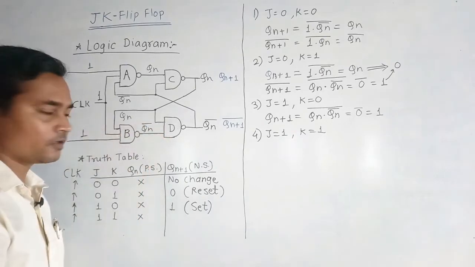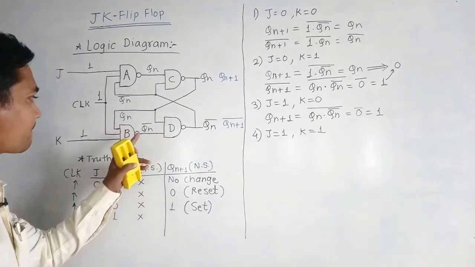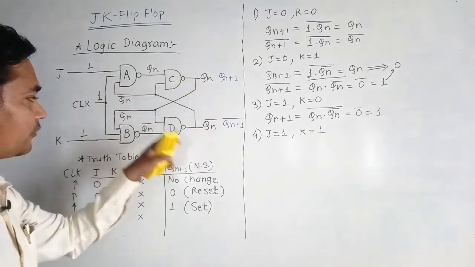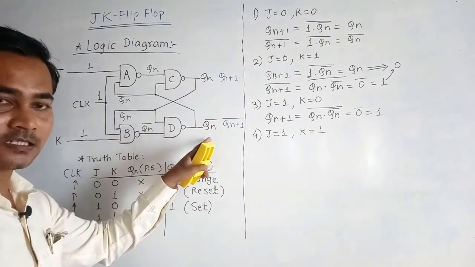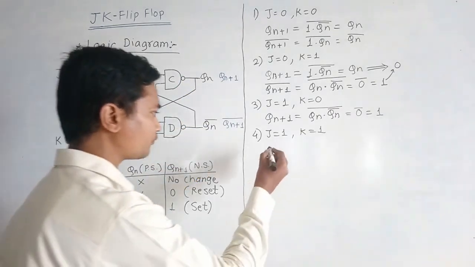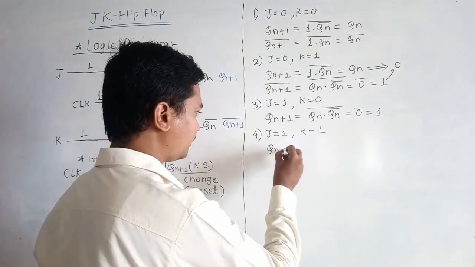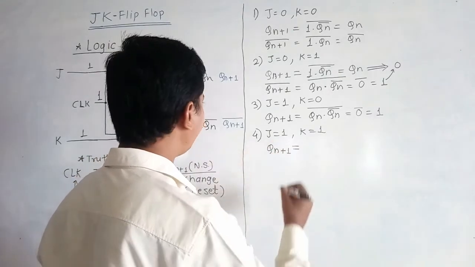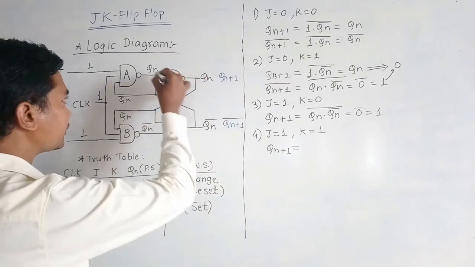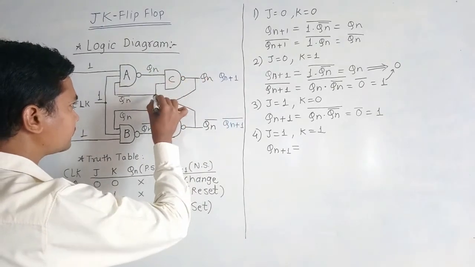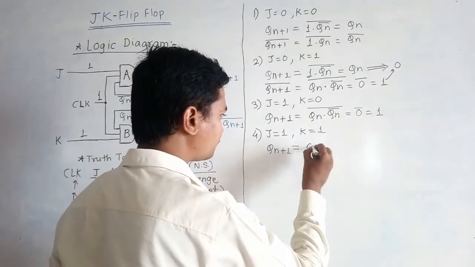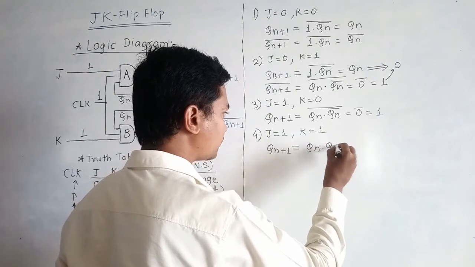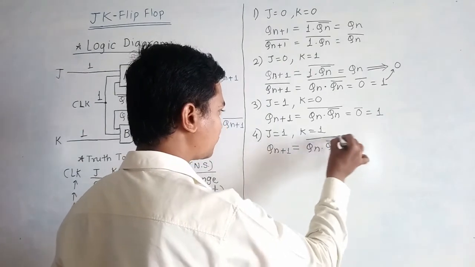Now we will write the expressions for Qn plus 1. Qn plus 1 will be (Qn dot Qn bar) whole bar.